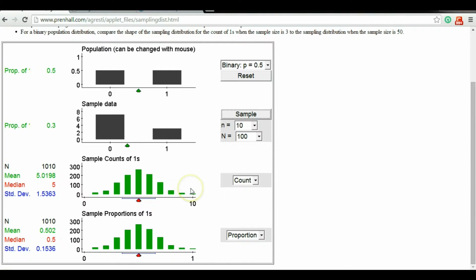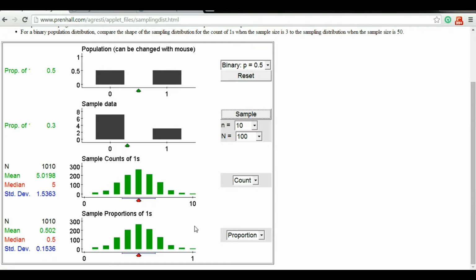If we did 1,000 samples of 10 people, asking them do you like Powerade, and knowing that the population is 50% like it, then this is what our distribution would look like for the number of people who said yes, and this is what our distribution would look like for the proportion of people who said yes.